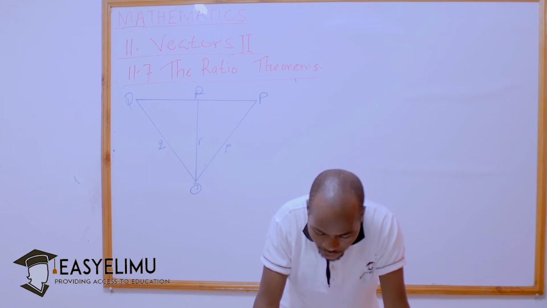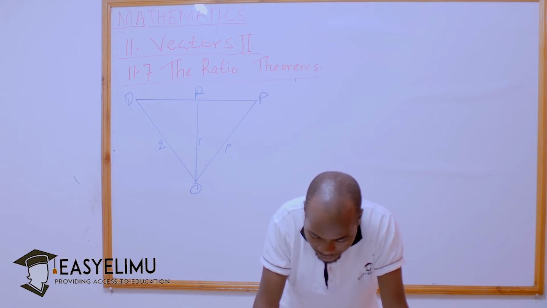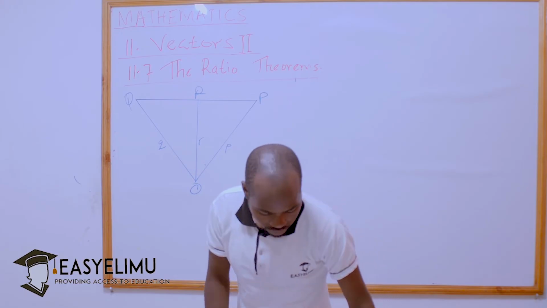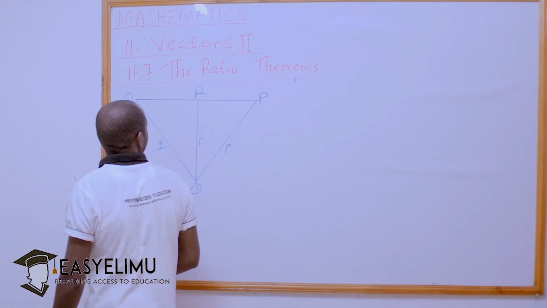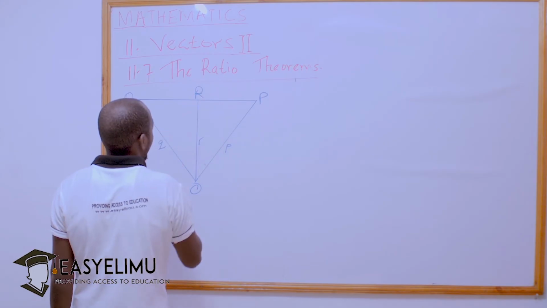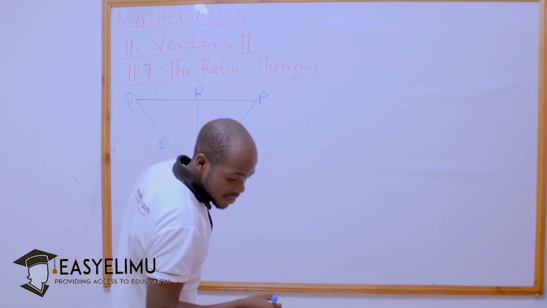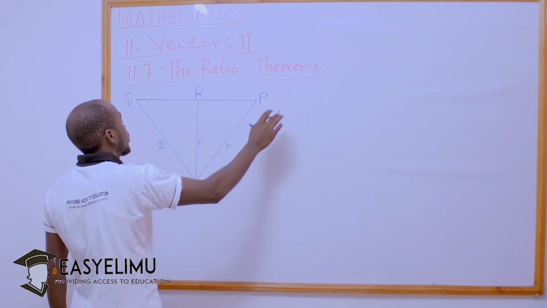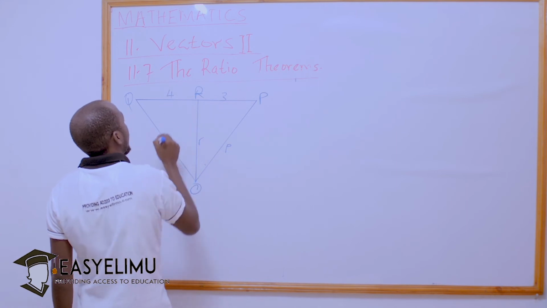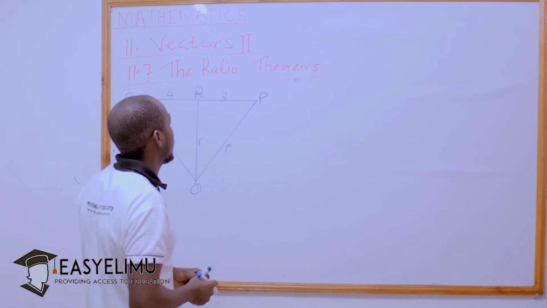If Q and R are the positional vectors of points Q and R respectively, find the positional vector of P in terms of Q and R. So we have been told it divides that line QR in the ratio 7:3 externally. So meaning the total ratio is 7, but here will be -3, so it is 4. That is the ratio in which it divides.